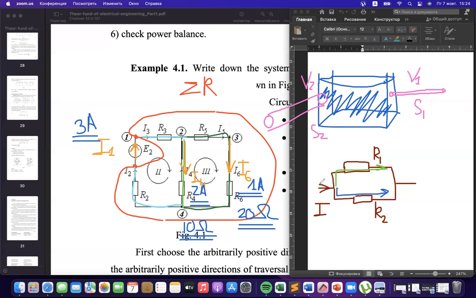How to find how this current will divide between resistivities. It could be compared using conductivity.